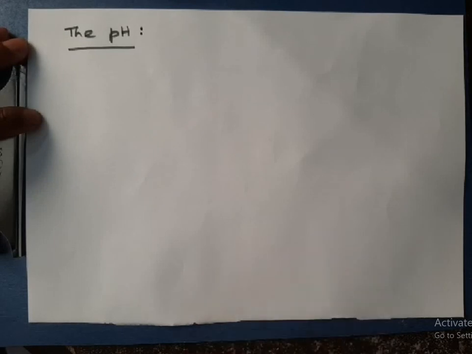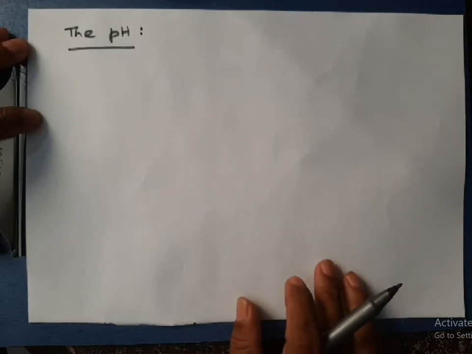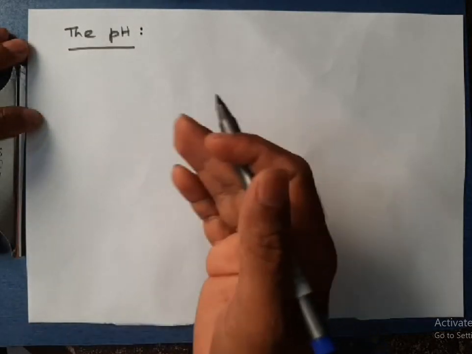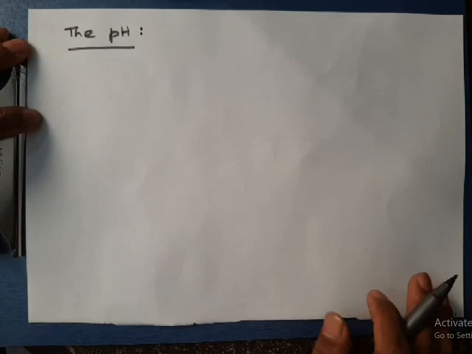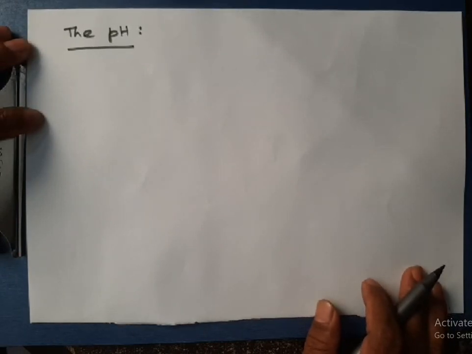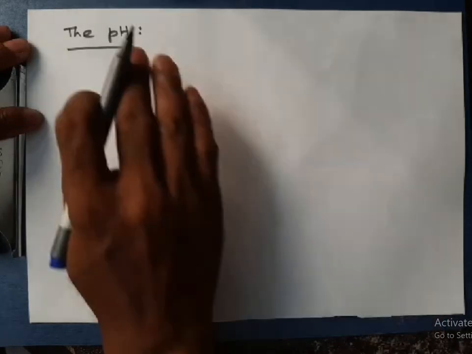In this lecture, I am going to discuss what is pH and how to calculate pH for different solutions. First of all, when should we use the concept of pH?